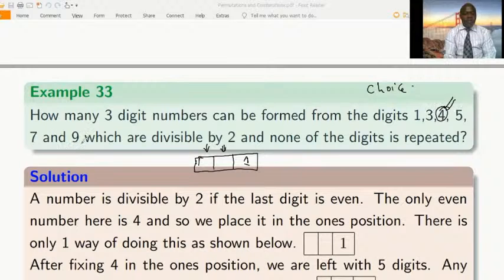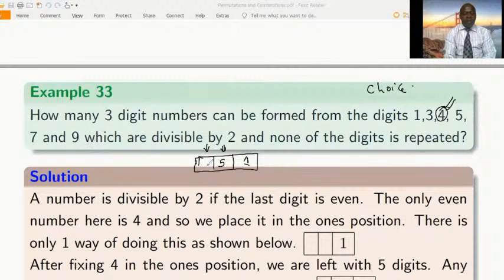We are left with 5 digits, so we have 5 possibilities for the tens position. Now out of the 6 digits, we've eliminated 2.